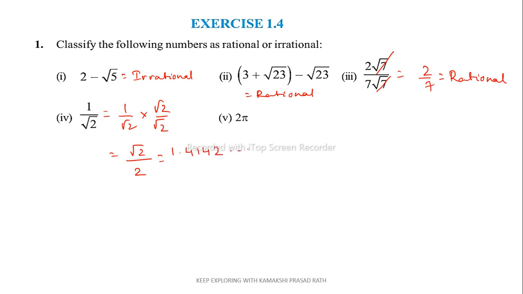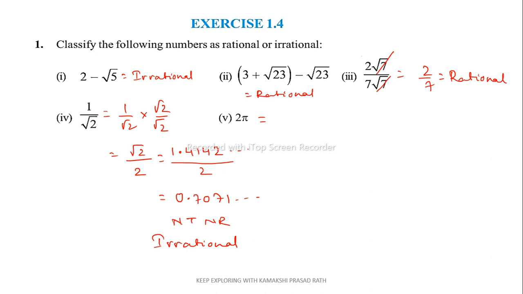It is a non-terminating, non-repeating decimal expansion. Divided by 2 when we do it, we will get 0.7071 and so on. So the answer is also a non-terminating, non-repeating decimal expansion. Hence, it is an irrational number.